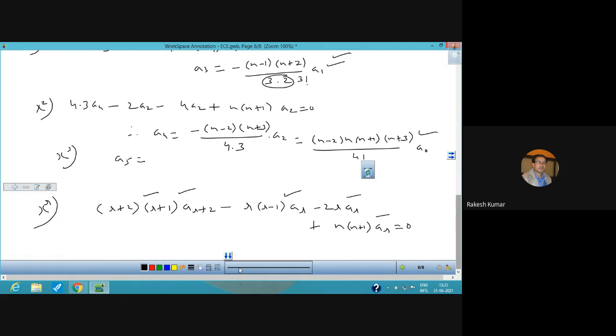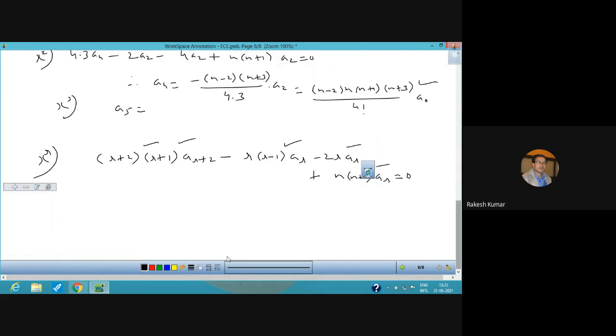Now, this is the way for equating the general term or finding out the required recurrence formula. So, ar plus 2 will be r plus 1 minus n into n plus 1, divided by r plus 2, r plus 1 into ar. And here you will have a minus sign common.